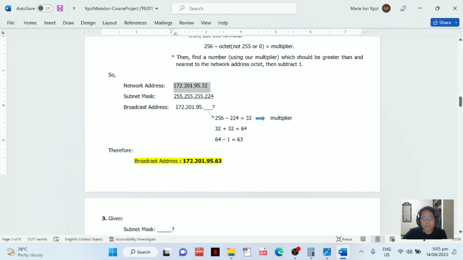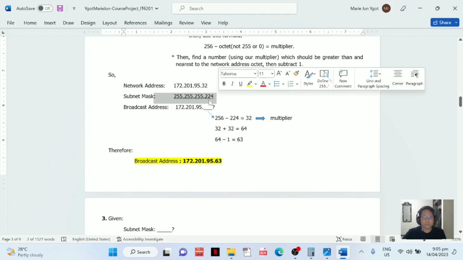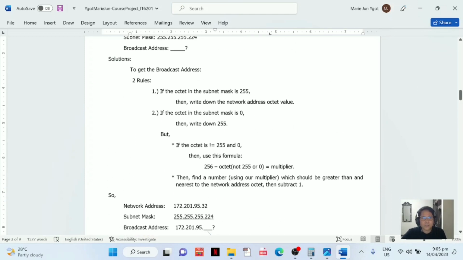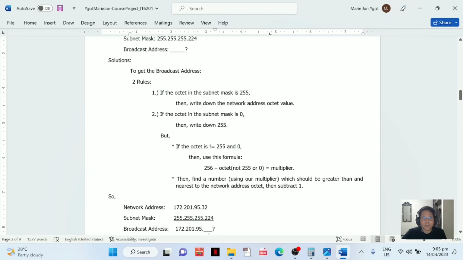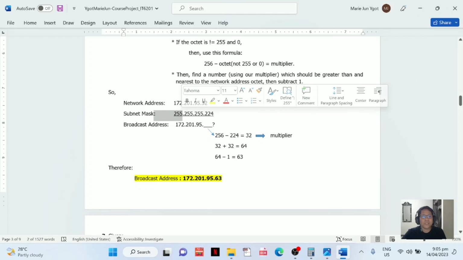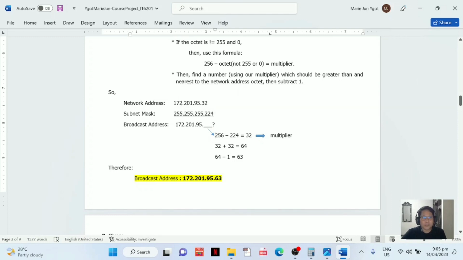So in our problem, we have a given network address of 172.201.95.32, and the subnet mask is 255.255.255.224. Again, based on our rules, if the octet in the subnet mask is 255, since our first octet here is 255, we are going to write down 172.